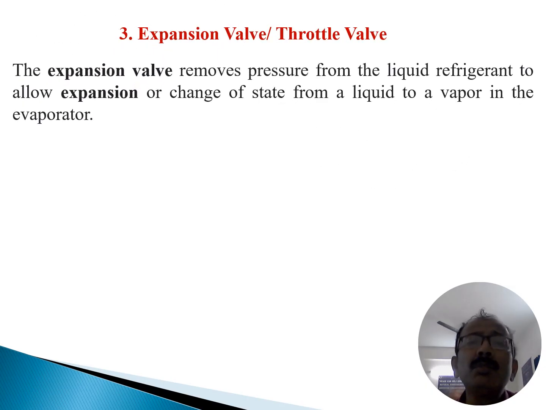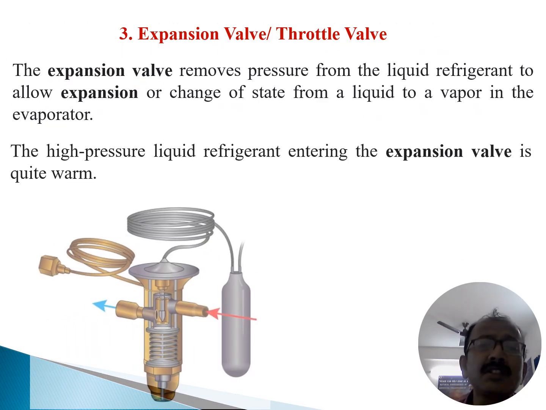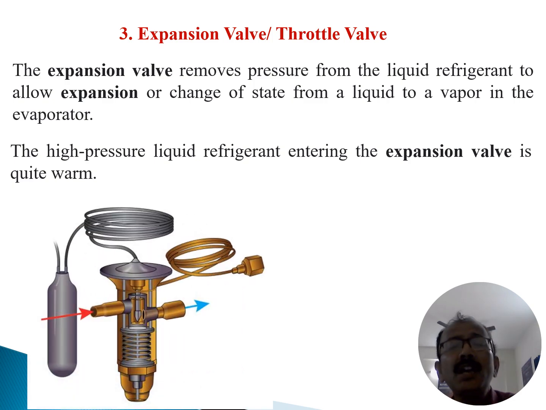Now, the expansion valve or throttle valve. What is the function of the expansion valve and throttle valve? The expansion valve removes pressure from the liquid refrigerant to allow expansion or change of state from liquid to vapor in the evaporator. The high pressure liquid refrigerant entering the expansion valve is shown in white.